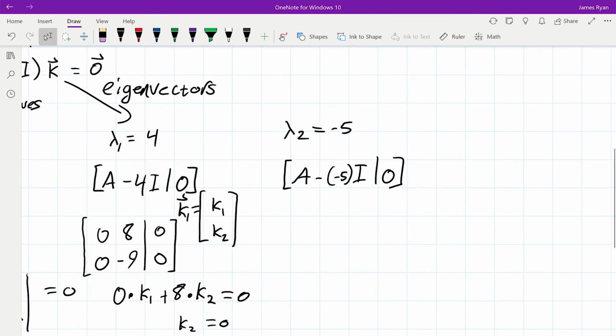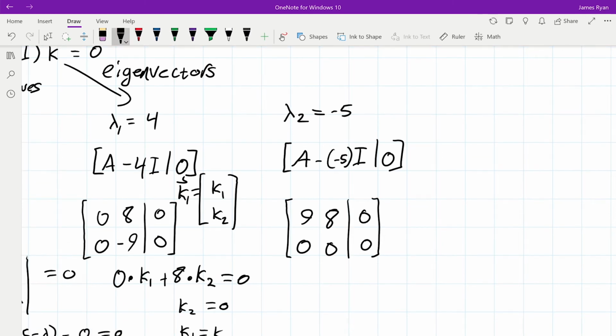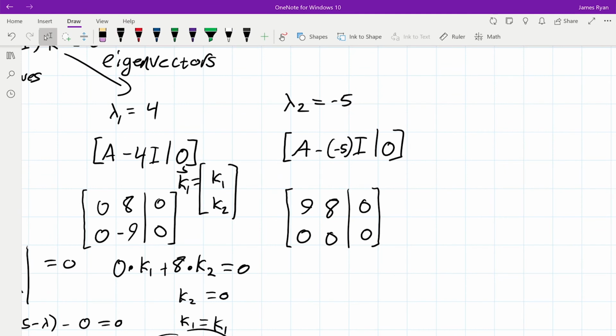So k2 is associated with lambda 2, so we have this equation A minus negative 5I bar 0. So A minus negative 5I is going to be 4 minus negative 5 is 9, 8, 0, negative 5 minus negative 5 is 0, bar 0, 0. So from here, we can form the equation.